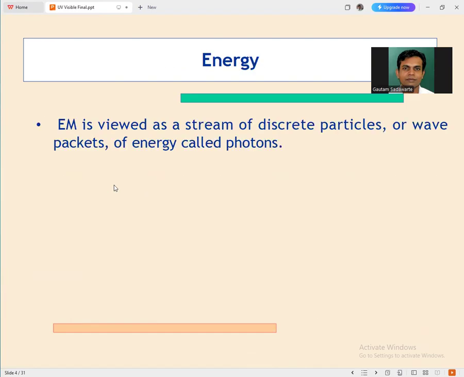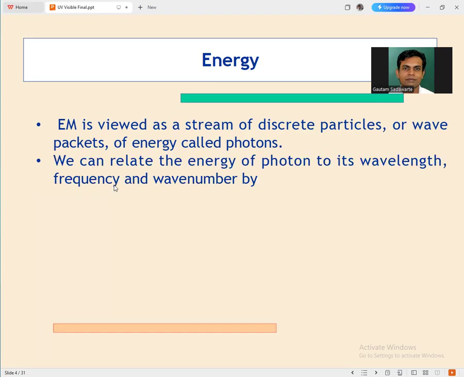So what is the energy? I think all of you know very well electromagnetic radiations. These electromagnetic radiations are in the form of discrete particles or wave packets. And this small packet consists of energy, and these are called photons. We can relate this energy of a photon to its wavelength, frequency and wave number by a given equation.